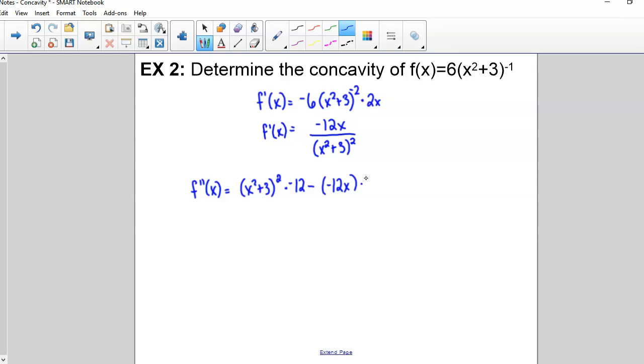This is just x squared plus 3 to the second, not the square root of it.